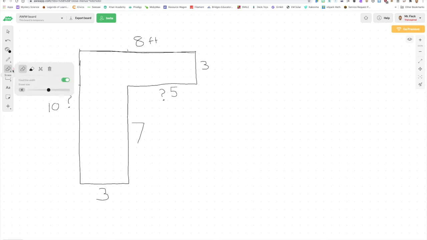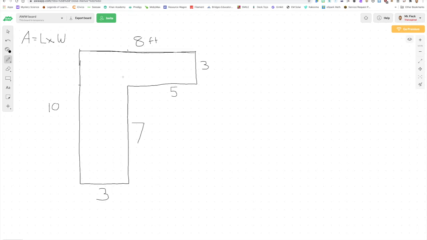So now that I have my missing dimensions, I need to figure out and solve what is the area. And how we do that is, remember, area equals length times width, okay? And that's when we're trying to figure out how much would fit into this.